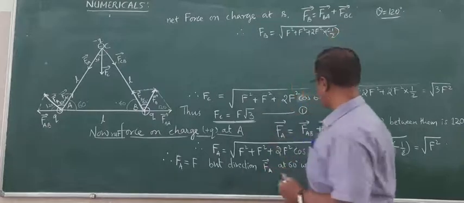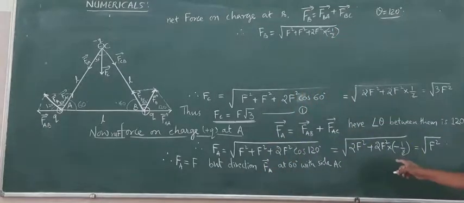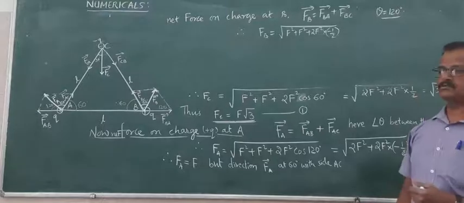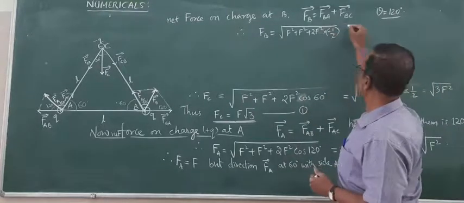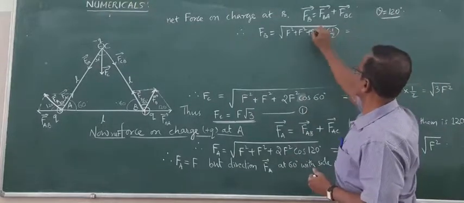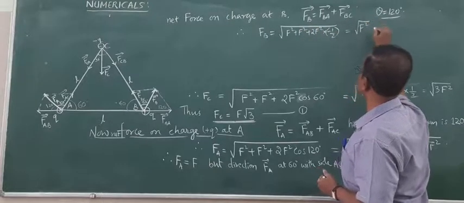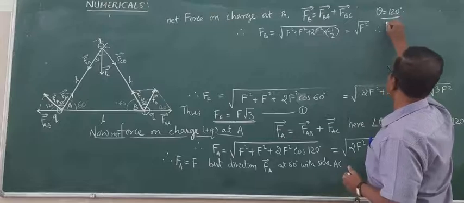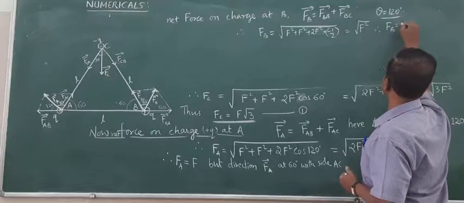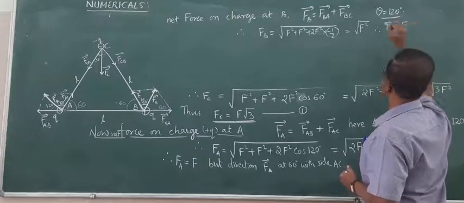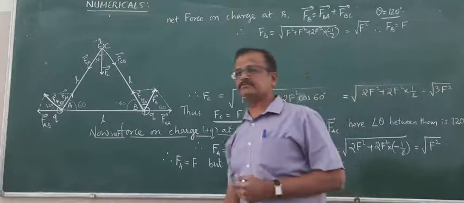I am writing directly because I know the result here, that is cos 120 equal to minus 1 by 2. So it becomes 2f square minus f square, that is f square under root. Therefore, the magnitude of FB is equal to F.